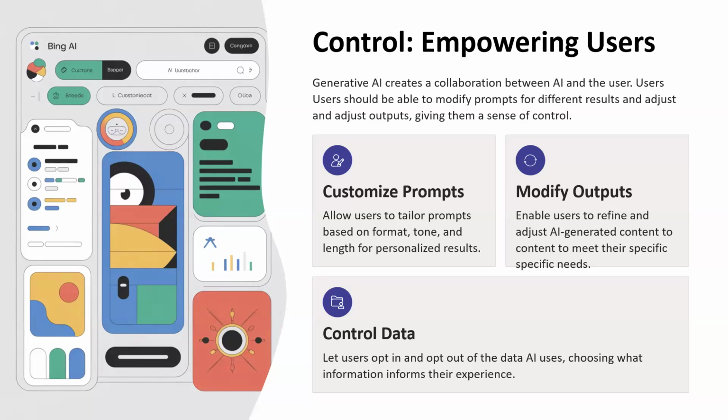And then it also allows control of data. Users can opt in and opt out of the data the AI uses, choosing what information informs their experience. So we can specify what information we want the AI to use to give us our output. What platforms do we want it to get the information from?